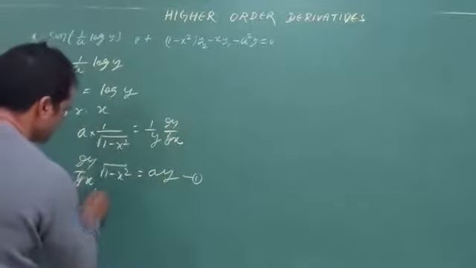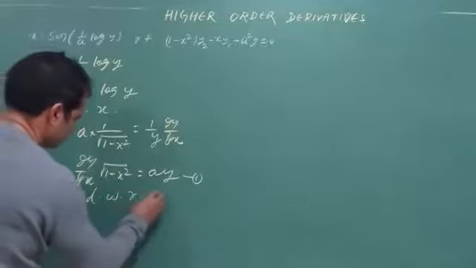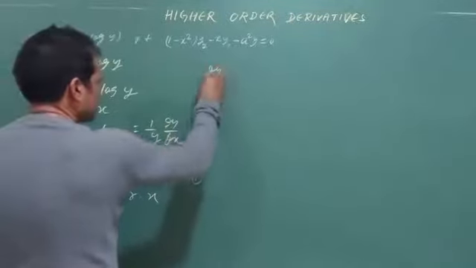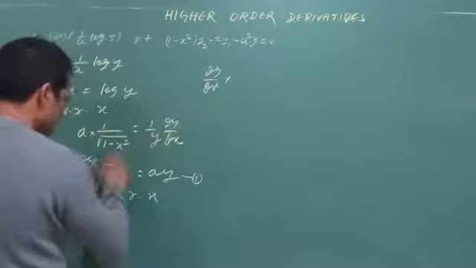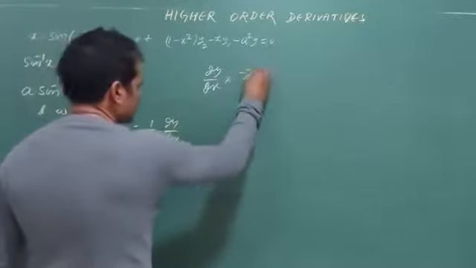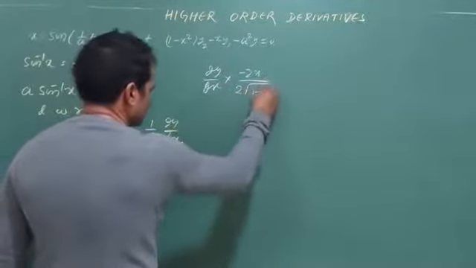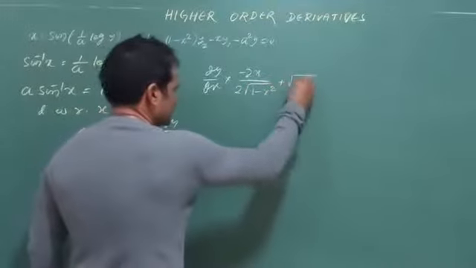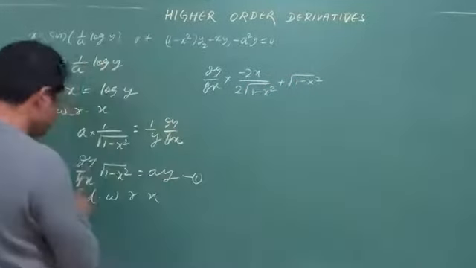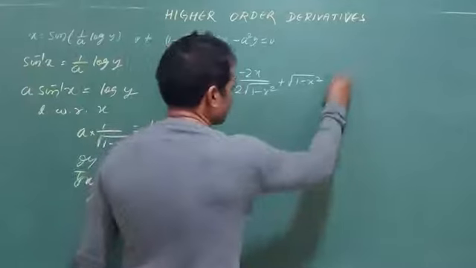Again go for differentiate with respect to x. Keep dy by dx constant. Root x derivative 1 by 2 root x, minus 2x, plus under root 1 minus x square into dy by dx derivative d2y by dx2.